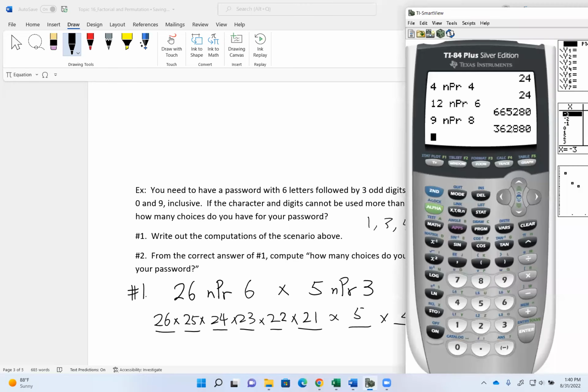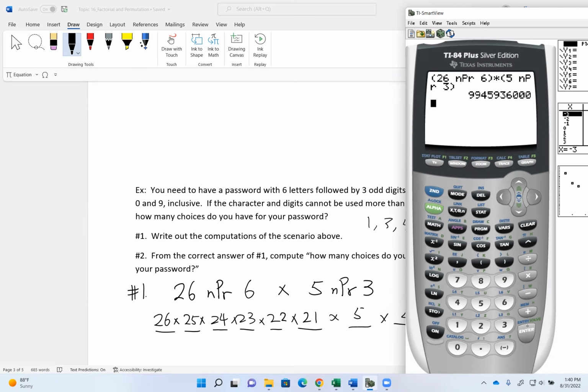Okay, so I'm gonna show you how to put this in the calculator. You don't have to do this, but it'll be safer if we do it. Put the 26 choosing 6 permutation in a parenthesis. Open parenthesis, nPr, choosing 6, close the parenthesis, then times, open parenthesis, 5 choosing 3, close parenthesis.